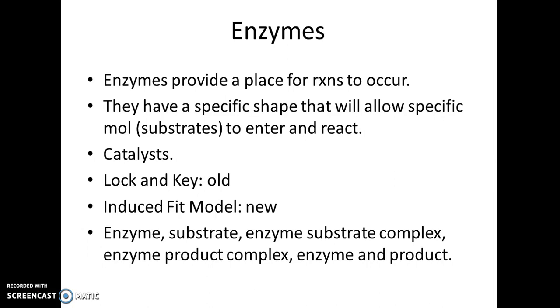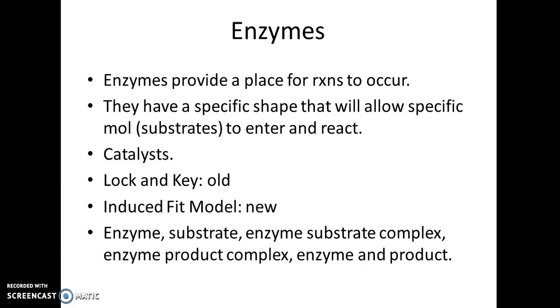Specific shapes allow specific substrates to enter. They are known as catalysts. Now you need to write this down because a catalyst will increase the rate of reaction by decreasing the activation energy without becoming part of the reaction.